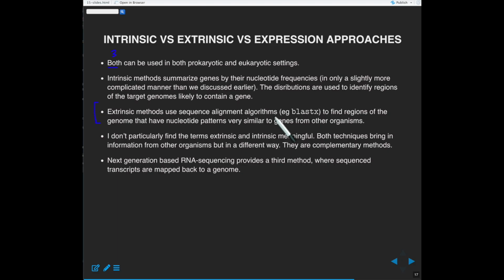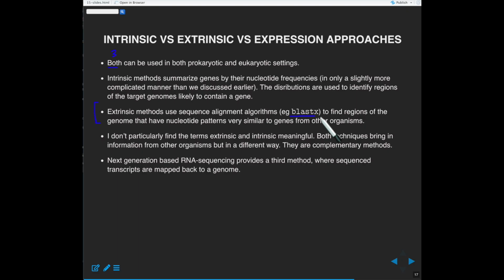It won't be exactly the same, but it'll be highly similar. And so this notion of alignment in computational biology is extremely important. One example is BLAST-X, which is a part of the BLAST family, and it basically will take your gene that you're looking for and try to align it across the entire genome and find where, if anywhere, it aligns well.